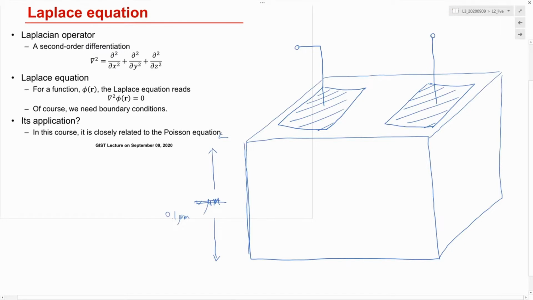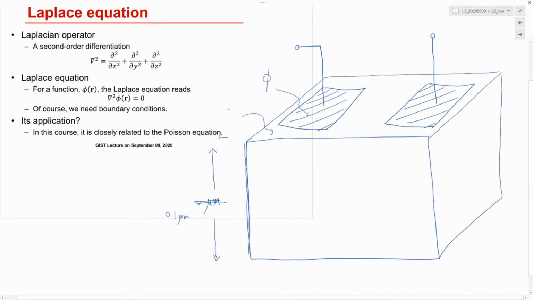So although we have a box in this problem, this boundary and this boundary have completely different characteristics. If we are interested in electrostatic potential, what is electrostatic potential? We will discuss it later.